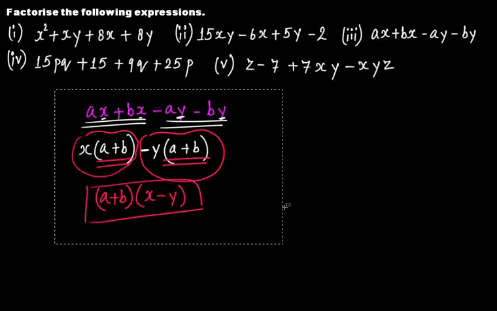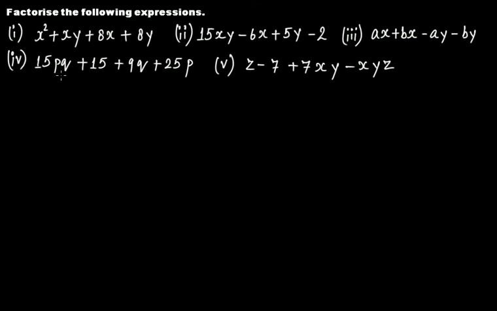Okay, now in this case you have 15pq plus 15 plus 9q plus 25p. Okay, what to do in this case? Well, if you look at this expression carefully, let's group these together. 5p, we can take this, 25p and this one.